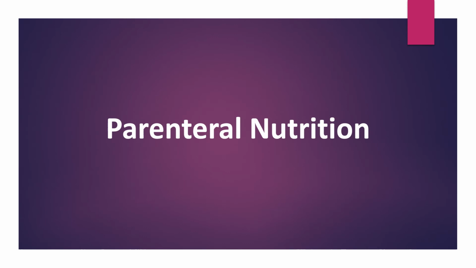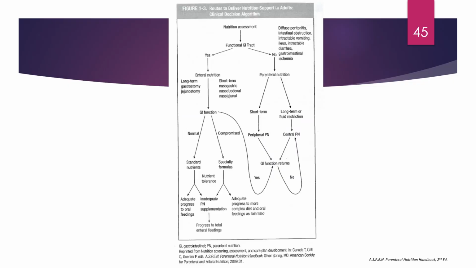Now we are going to talk about parenteral nutrition. So whenever we are talking about parenteral nutrition, we're actually looking in terms of this slide at the right side of this diagram. So if a patient does not have a functional GI tract, a patient may be eligible for the allocation of parenteral nutrition.